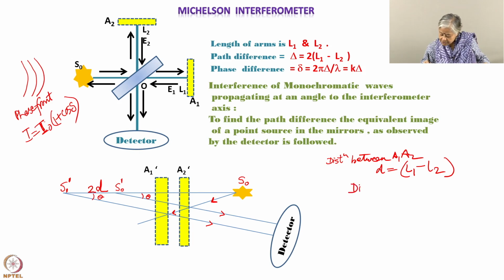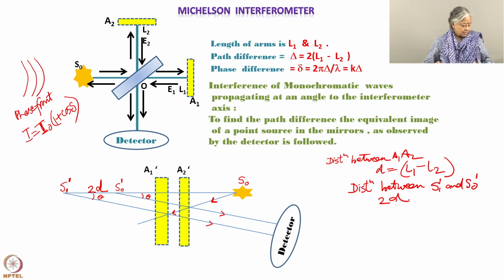So, this is the distance between S1 dash and S0 dash, equal to 2D. So, what will be the path difference? Okay, the path difference from this image will be this.